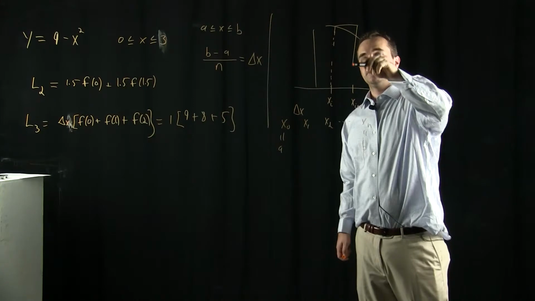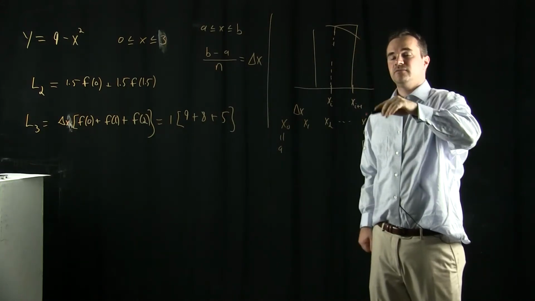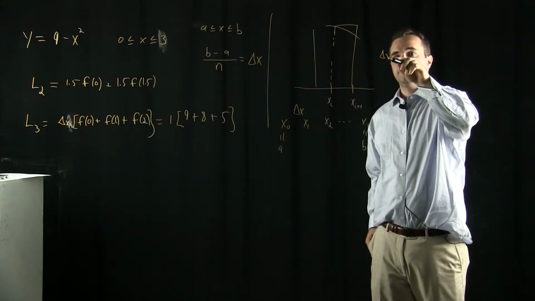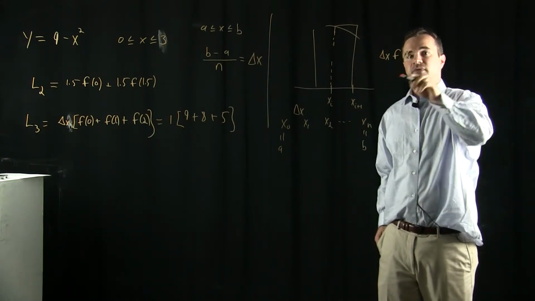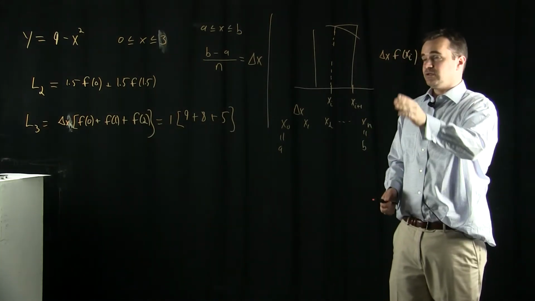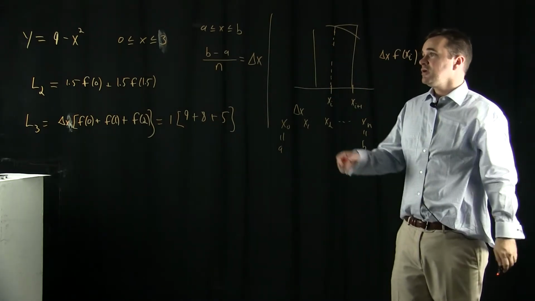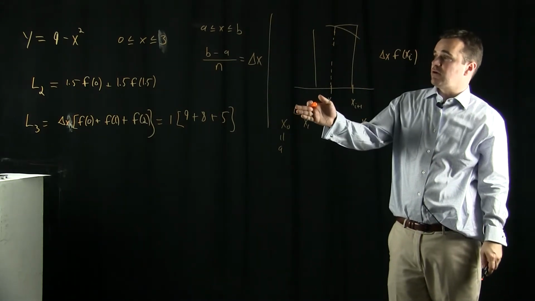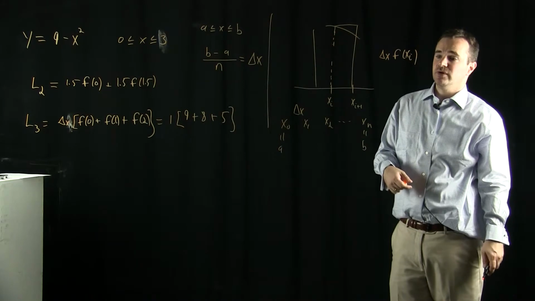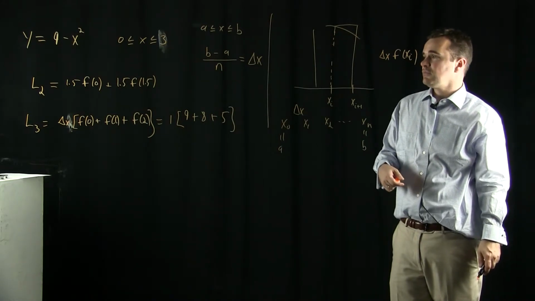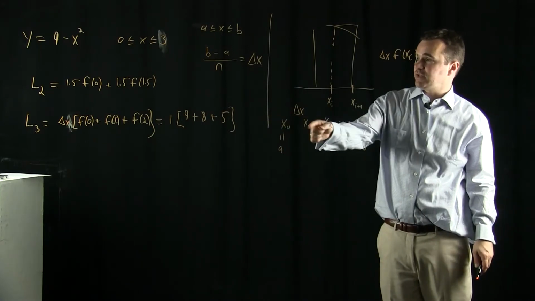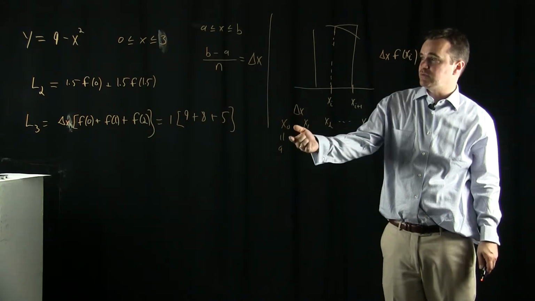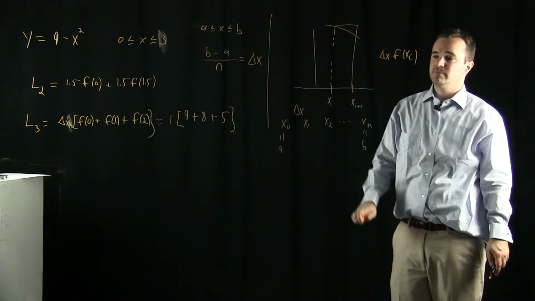And so that's kind of like a picture, and the area of that rectangle is going to be base delta x times height, f of xi. And so in my example over here, for L2, x0 was 0 and x1 was 1.5. For 3 rectangles, x0 was 0, x1 was 1, x2 was equal to 2. It just happened to work out evenly.